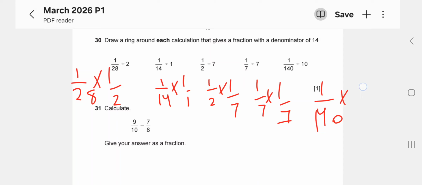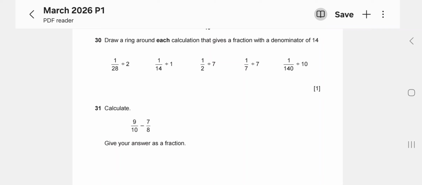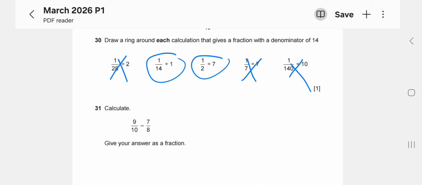Which answer here will get me a denominator of 14? 2 times 28, no. 14 times 1, yes. 2 times 7, yes, it will be 14. Here, 7 times 7, 49, and this is also not correct.